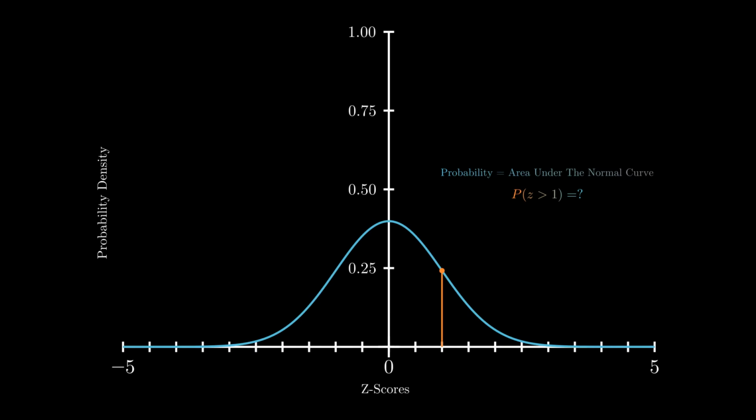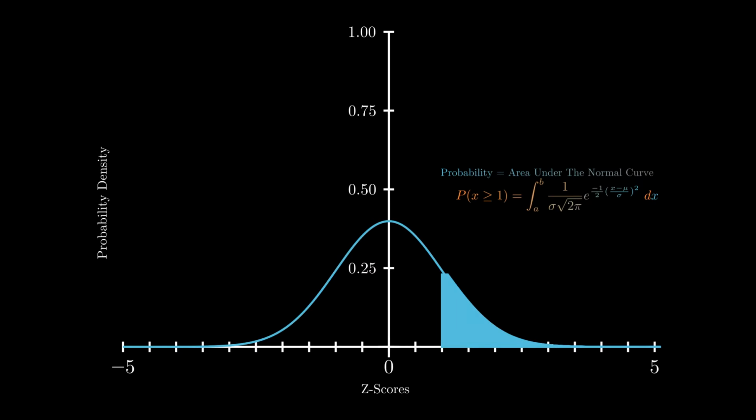Suppose we want to find out the probability of z greater than 1. That is represented by the shaded area. So we know that this time the probability is greater than 0. In fact, that is the integral of the equation that we've given earlier, which is a rather complex process.